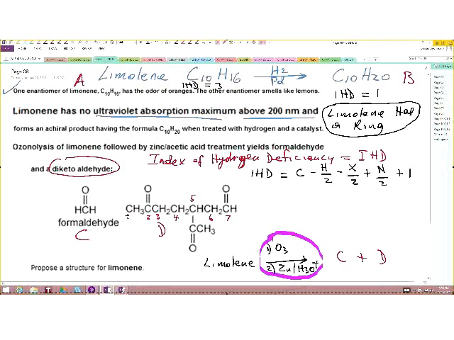Okay? Well, I tell you what, let me do this better than that. I don't want to confuse you. Let us start with this carbon here. Let's start with the carbonyl carbon. Okay? Let us say this is carbon 1, 2, 3, 4, 5, and 6. Okay?